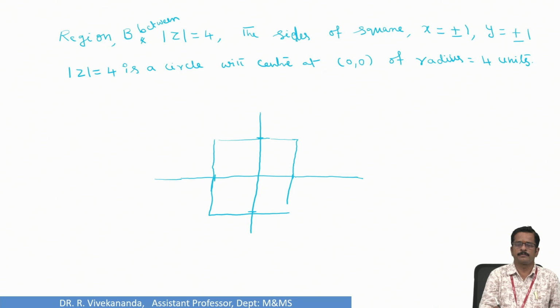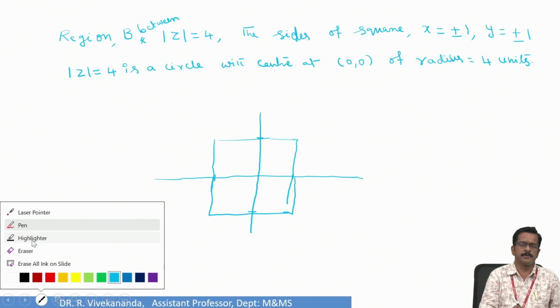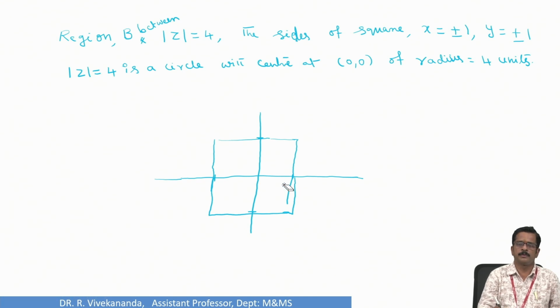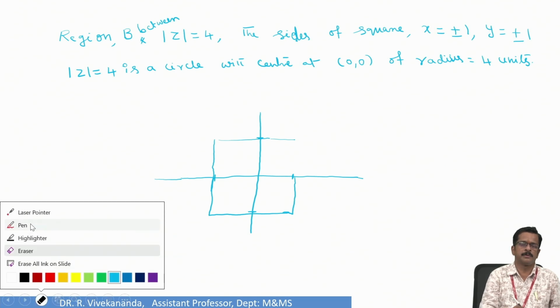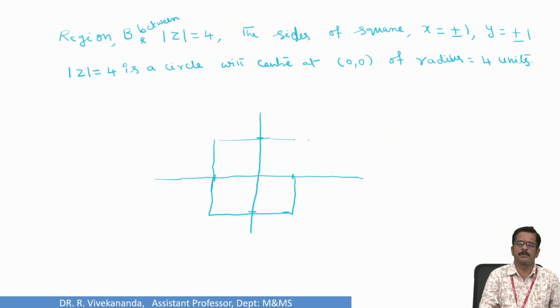So this is a square of sides. This side is x is equal to 1. This side equals to x is equal to minus 1. And this is y equals to 1. And this is y equals to minus 1.